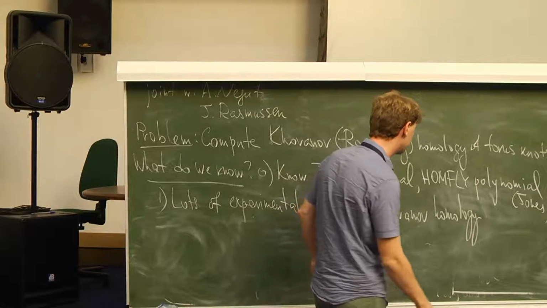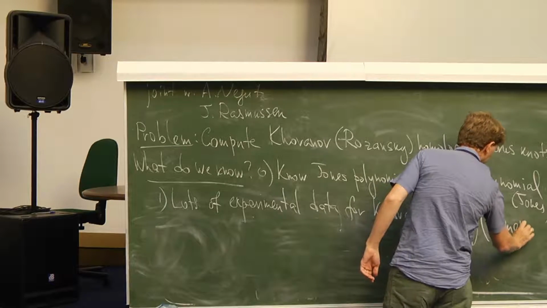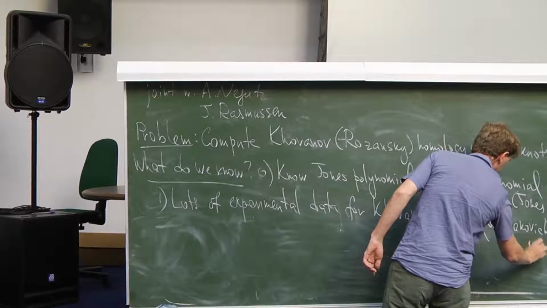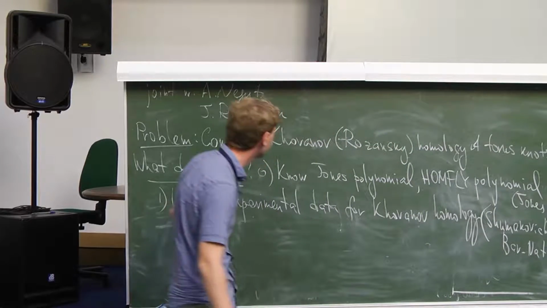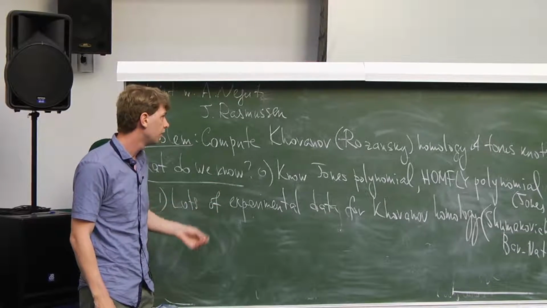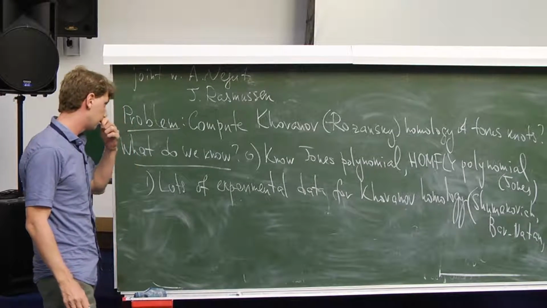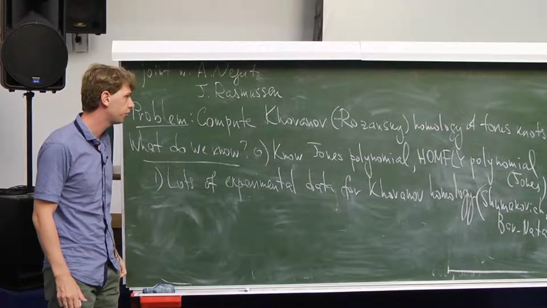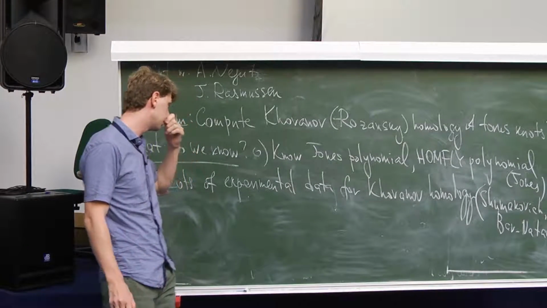There are a lot of programs, mainly due to Alexander and Bar-Natan and some other people. So if you want to compute the homology of any given torus knot, like, I don't know, an 8,9 torus knot is still okay, you can plug it into the program and you'll get some huge polynomial which tells you exactly what the groups in this homology are. But so far there was no obvious pattern in this data, and that's the problem that we addressed.